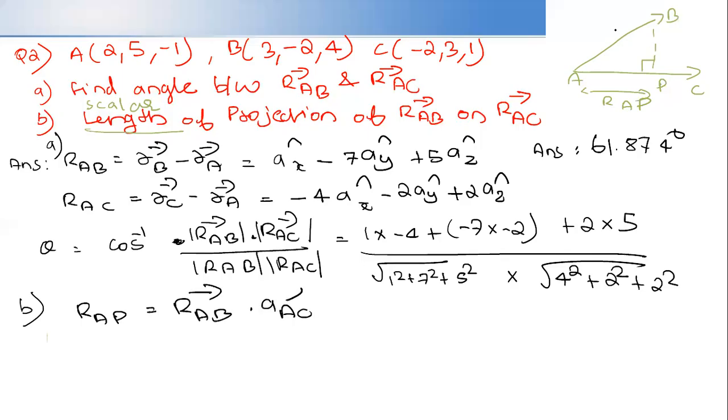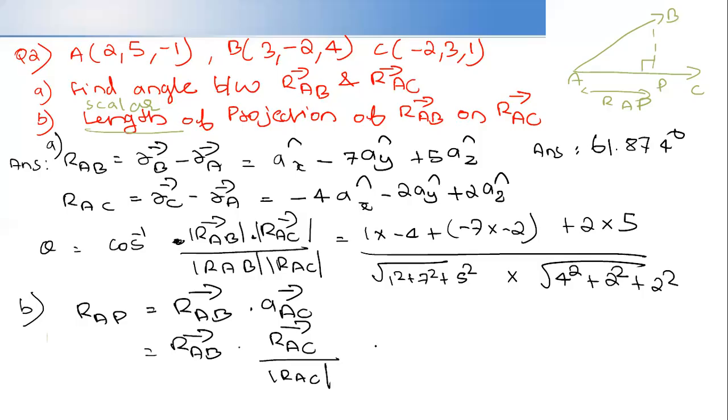In the previous explanation, we wrote vector A dot unit vector AB; similarly, vector RAB dot unit vector AC, same thing. So now everything is simple. RAB dot the unit vector RAC by mod of RAC.